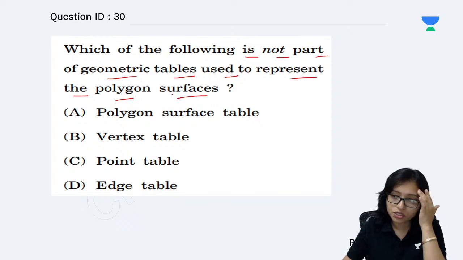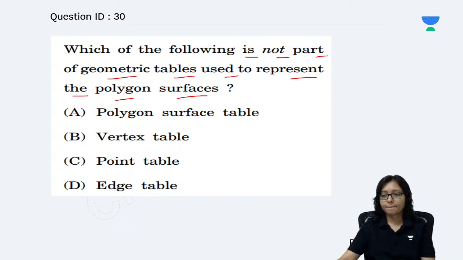These are all graphics questions. The options are polygon surface table, vertex table, point table, edge table.